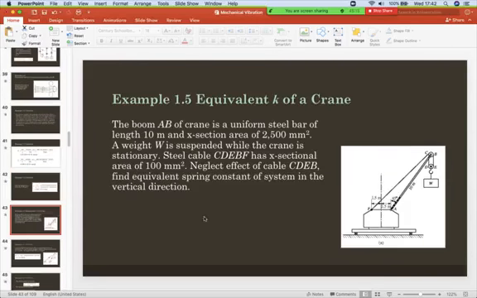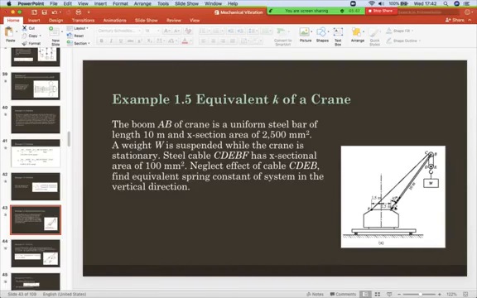Okay, another problem is the equivalent k of a crane. You know what an overhead crane is? So you have the total weight and the distance of the crane arm, you have the pulley, CB and DE. So you have the distance between these two and the crane and this guiding rope here. The boom EB, where is EB?